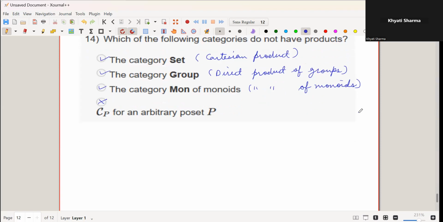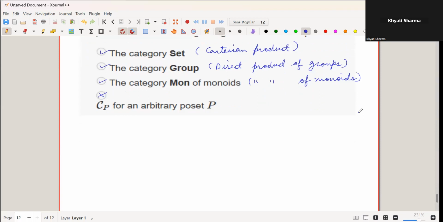Okay, so why is it not so? Because an arbitrary poset P may not have the greatest lower bound.